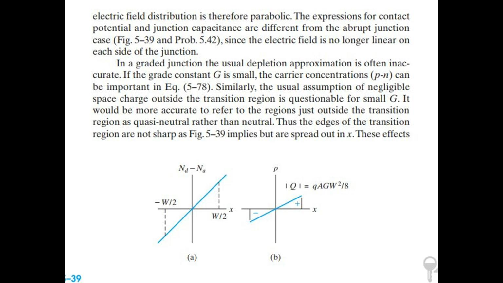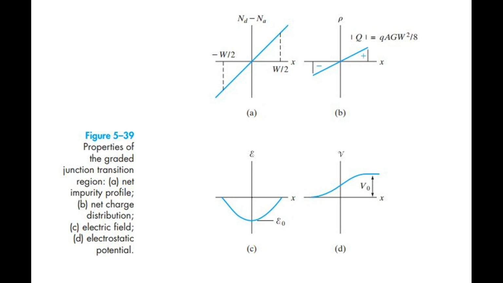Thus the edges of the transition region are not sharp as Fig 5.39 implies but are spread out in x. These effects complicate calculations of junction properties, and a computer must be used in solving the problem accurately.